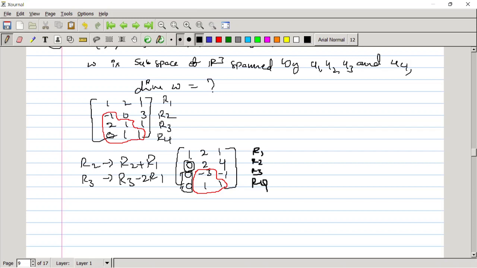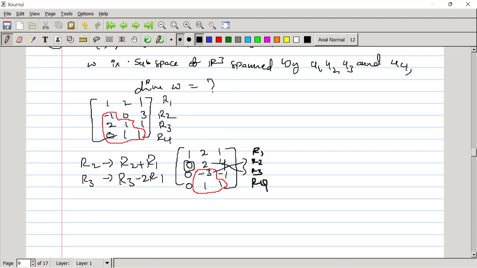If we use the R1 row, these two 0 elements will become non-zero, but that's not what we want. So I'm using the R2 row to do the operations, and we have to add the operations.